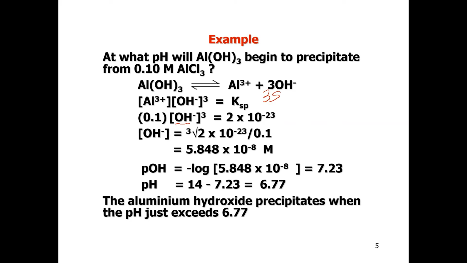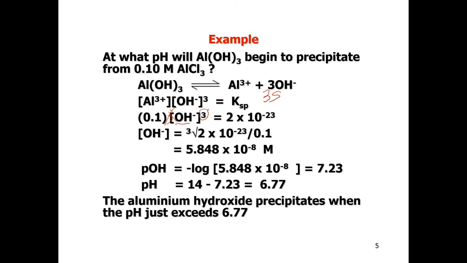Can you understand me? Instead, it's only OH minus. But when we want to do it in the form of S, we put the 3S over here. So this OH minus, we power the coefficient 3. But there is no 3 over here.